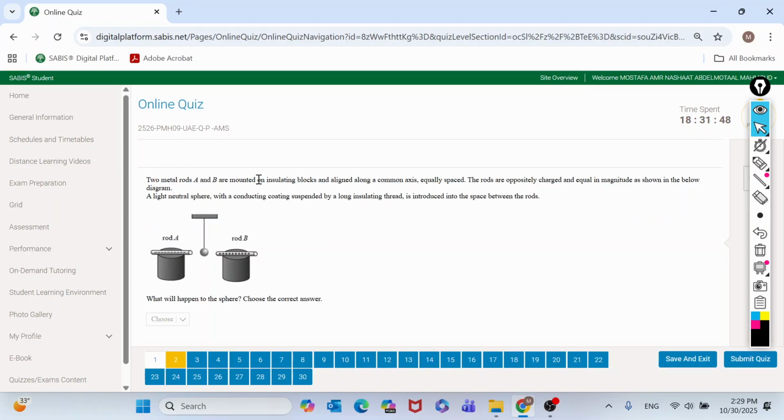Two metal rods A and B are mounted on an insulating block aligned along a common axis, equally spaced. These rods are oppositely charged and equal in magnitude, as shown in the diagram. A light neutral sphere with a conducting coating, suspended by a long insulating thread, is introduced to the space between the rods.